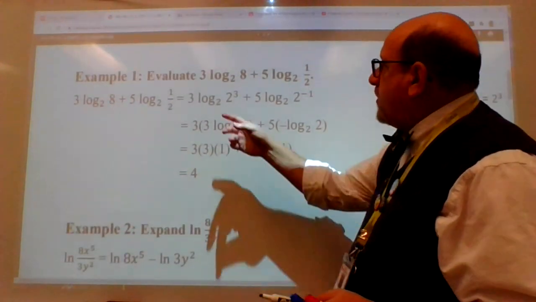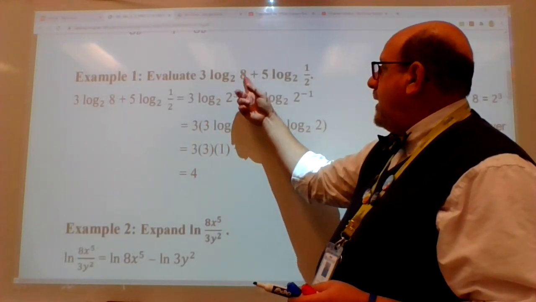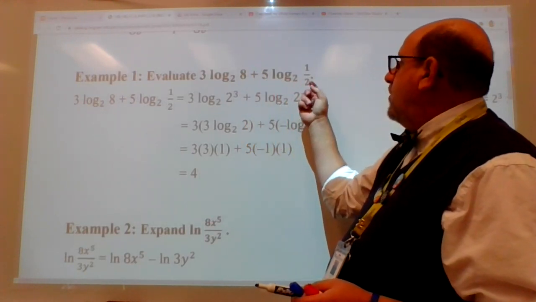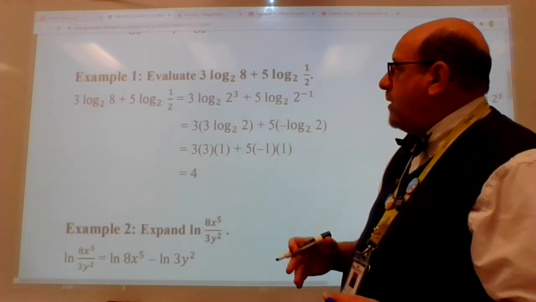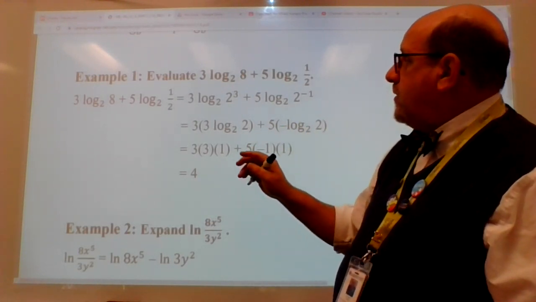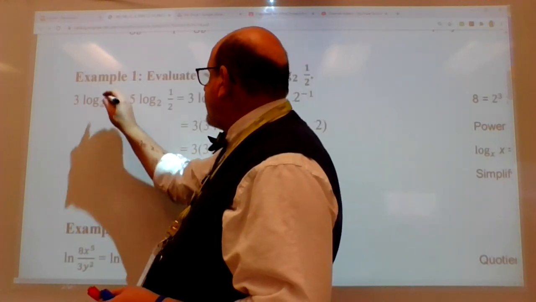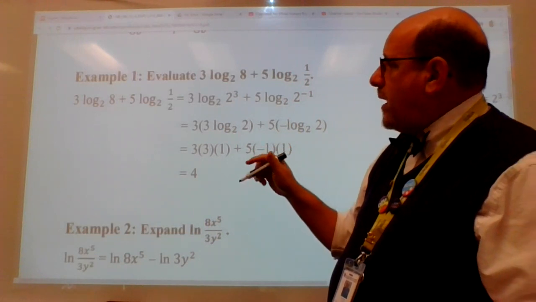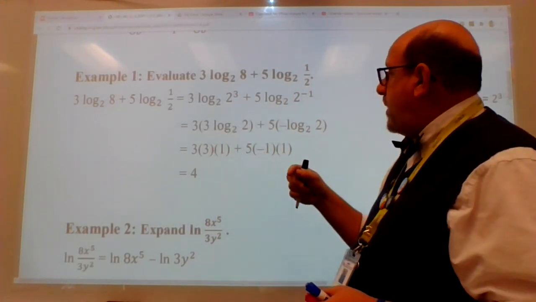This first example says evaluate 3 log base 2 of 8 plus 5 log base 2 of 1/2. Now, we could do a couple of things, right? We can go ahead and rewrite this 8 as 2 to the 3rd power. That helps us out a little bit, and it's going to help me teach you one last piece of the puzzle.